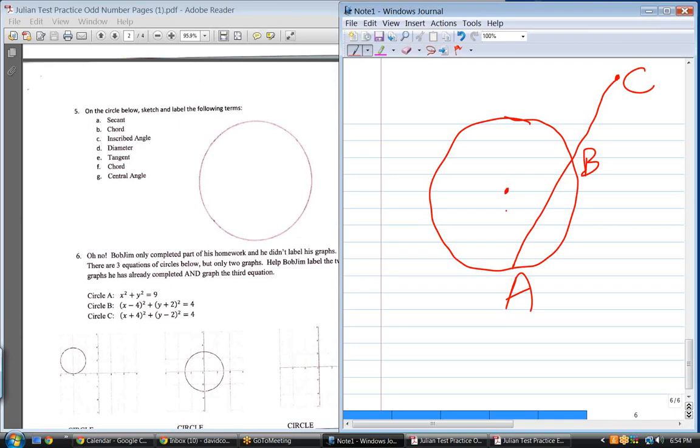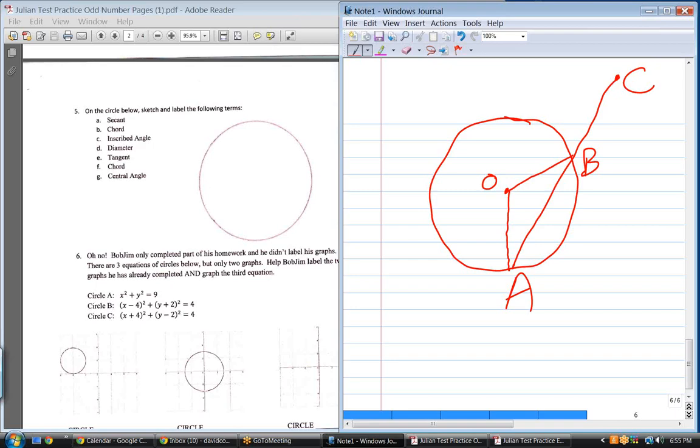In fact, here I'm going to draw a couple here. Define a central angle for me by letters. AOB. Define an inscribed angle for me.